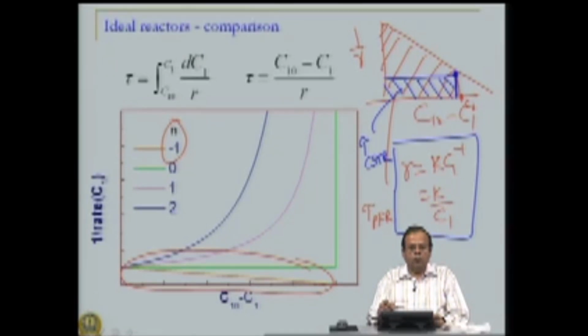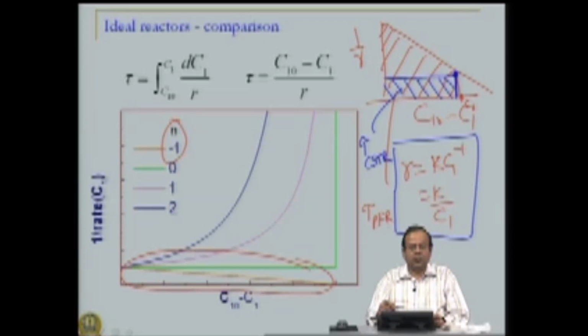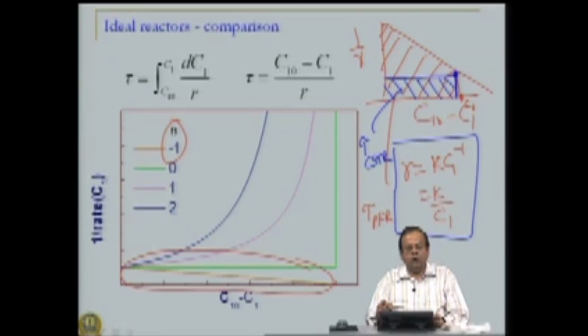So, now we are getting higher rates in the stirred tank reactor because concentrations are low, whereas concentrations are relatively higher in a plug flow reactor as we move from entry point to the exit point, and hence the reaction rates are a little lower, because higher the value of C1, lower is the rate of the reaction. Or in other words, now the performance of CSTR is better than plug flow reactor.